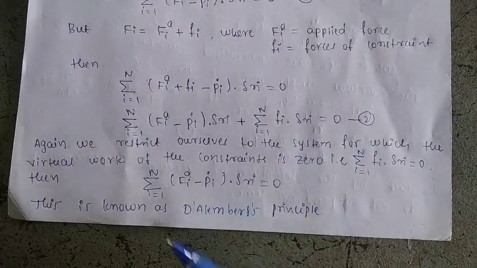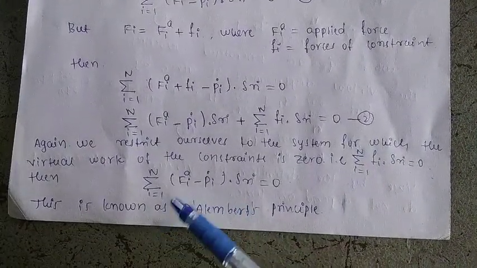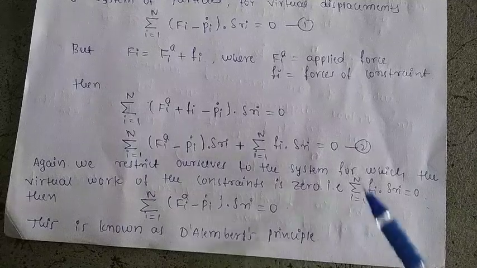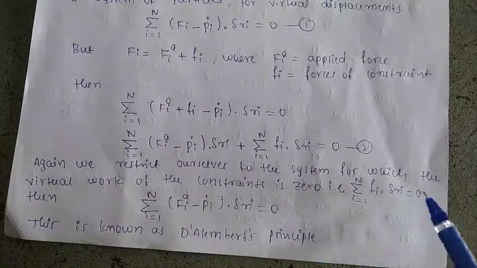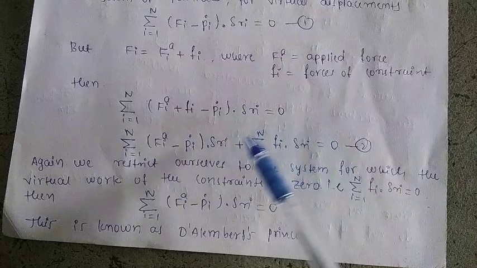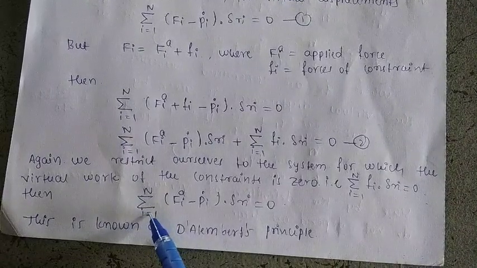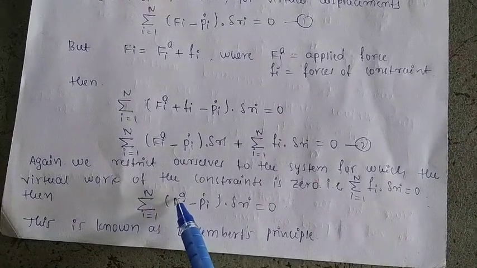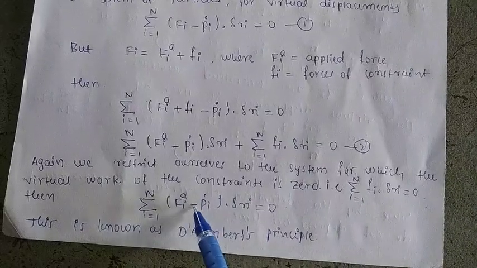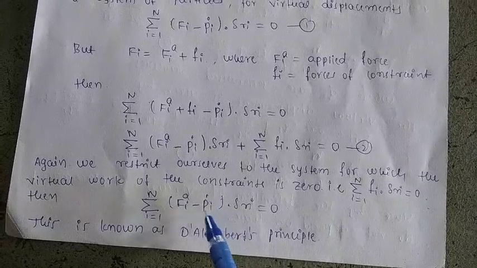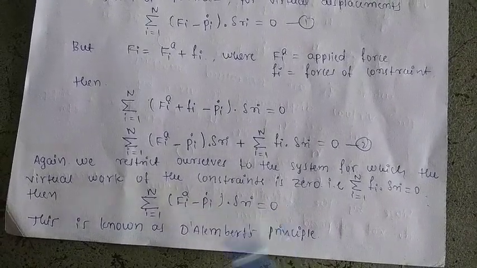Again, we restrict ourselves to systems for which the virtual work of the constraints is 0. That is, summation over i equal to 1 to n of f_i delta R_i is equal to 0. Here in equation 2 this term becomes 0. Then equation 2 becomes summation over i equal to 1 to n of (F_i^a minus p_i dot), where this is the reversed effective force, into delta R_i is equal to 0.